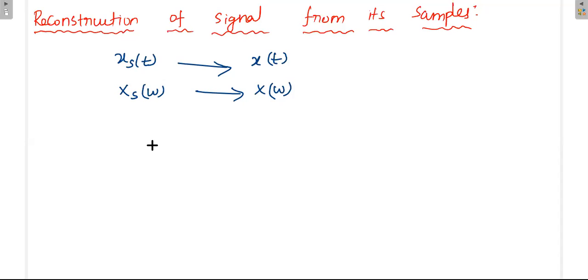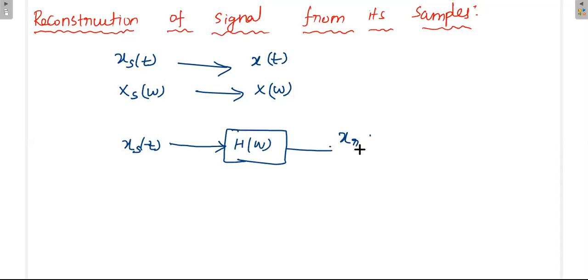Say the signal xs of t is available. It is passed through some filter at the receiver side, say the filter has transfer function h of omega. Then we get xr of t, the reconstructed signal.